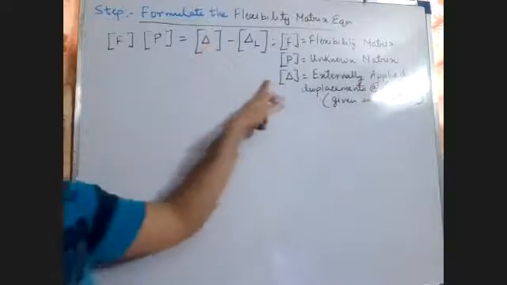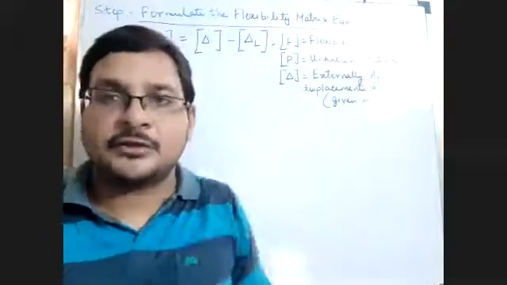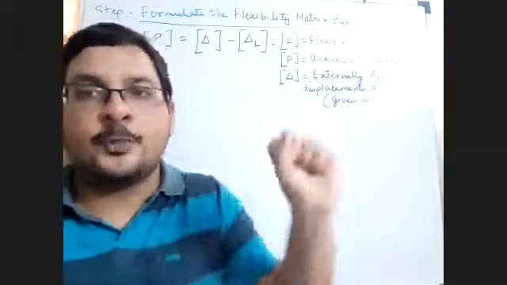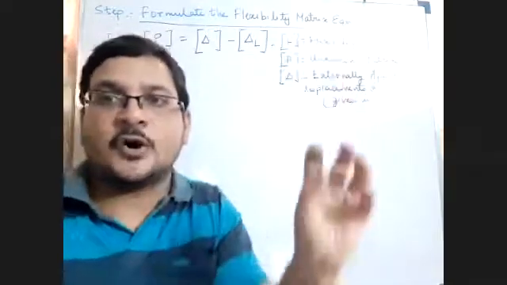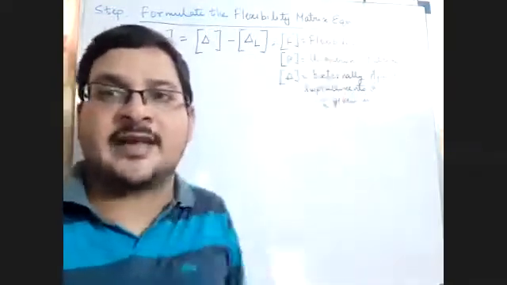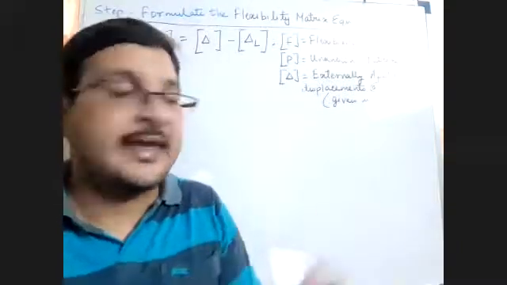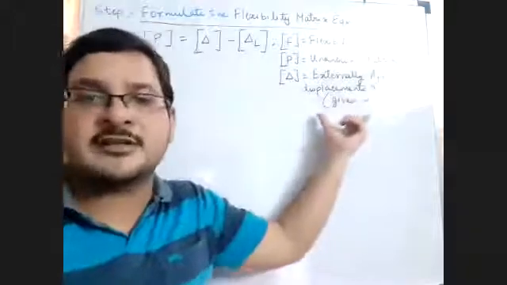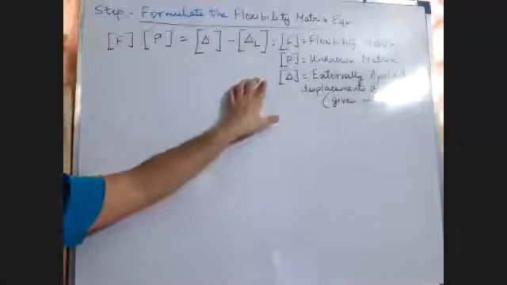Delta is the externally applied displacement. That means if in the question it is given that support B or support C is displaced or has taken a vertical deflection by some amount, then we will take the values of delta.